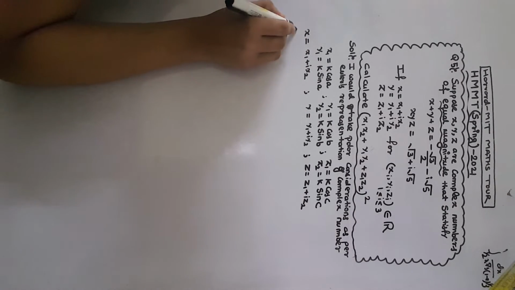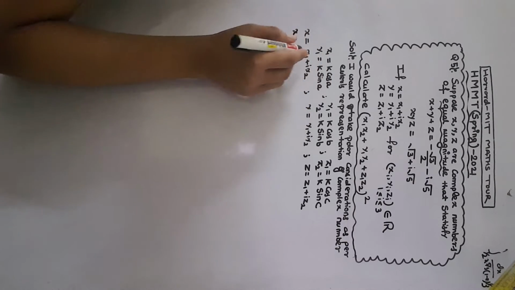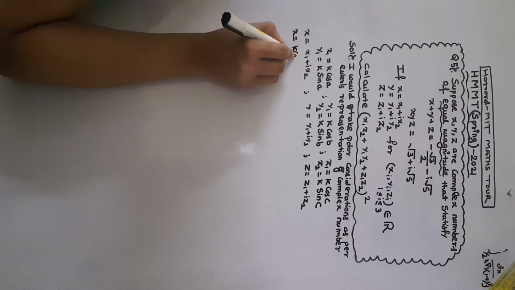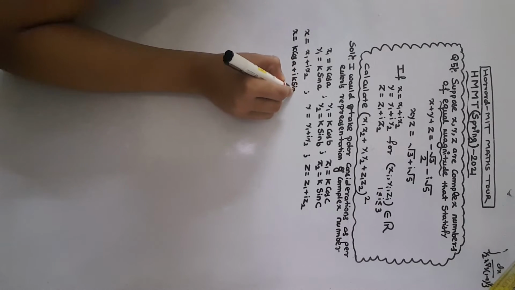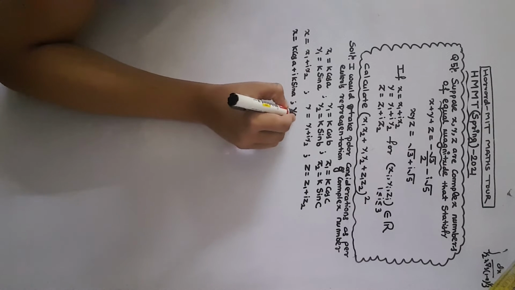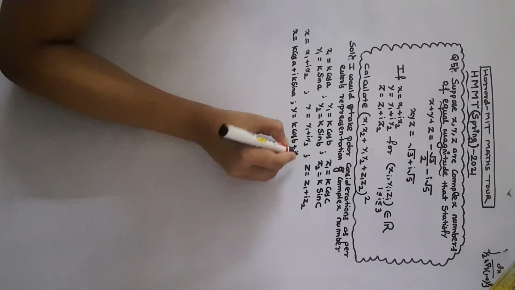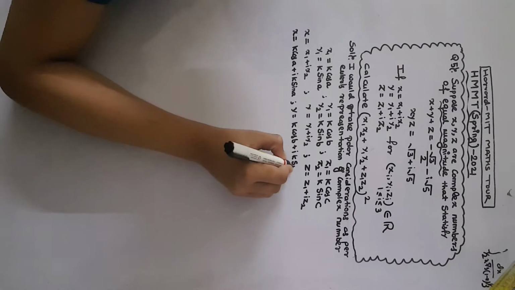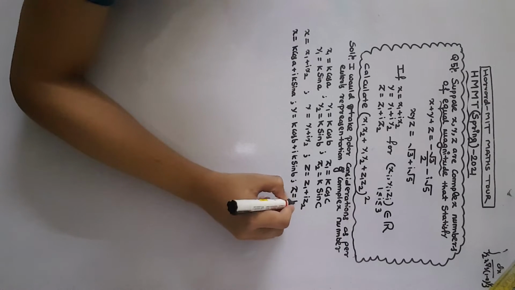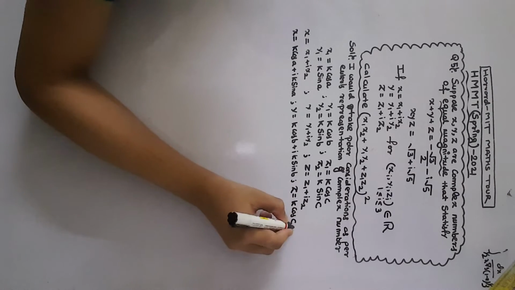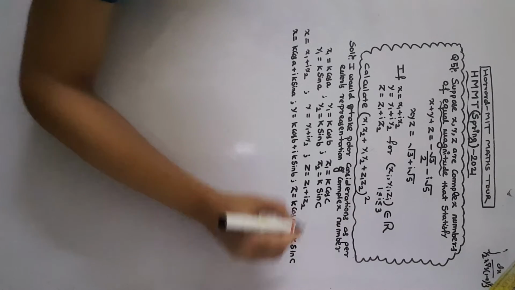We can simply take the values of x1 and x2 as the trigonometric values here, which is k cos A plus i times k sine A. Similarly, we will do the same thing with y. It will be k cos B plus i times k sine B. Similarly, for z I will also do the same. It is equal to k times cos C plus i times k times sine C.